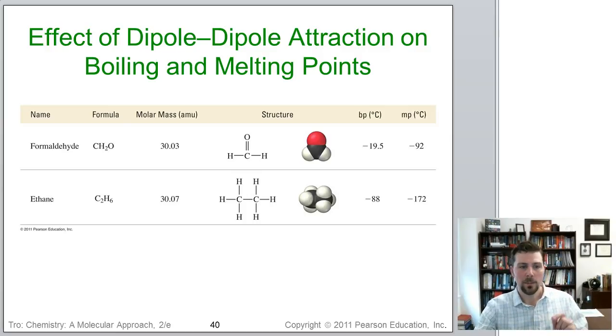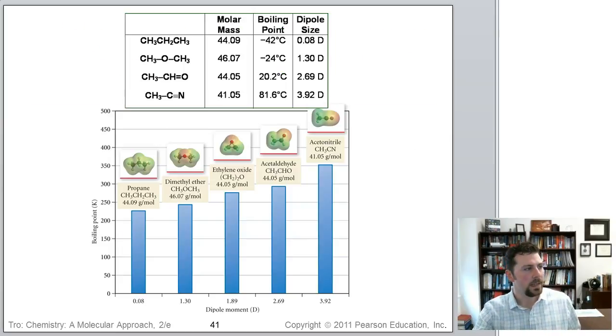Okay, so the higher boiling point belongs to formaldehyde. Now, if we compare different molecules together that have about the same molar mass, but the difference is in the polarity, in the size of the dipole moment. So notice each of these molecules, we're plotting the dipole moment here, and as the dipole moment gets larger, that means the polarity is stronger and stronger.